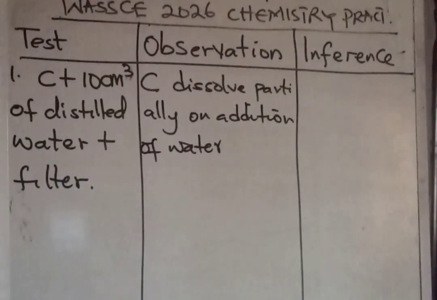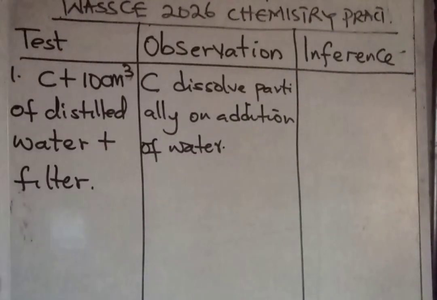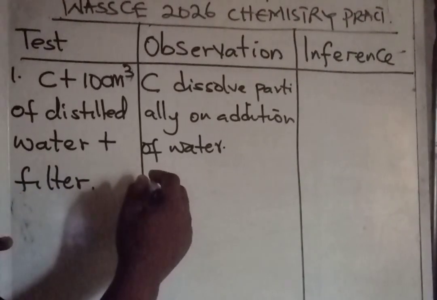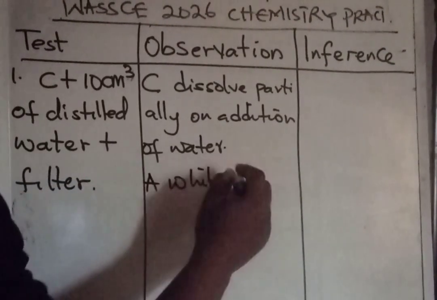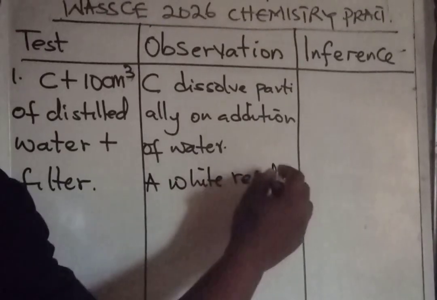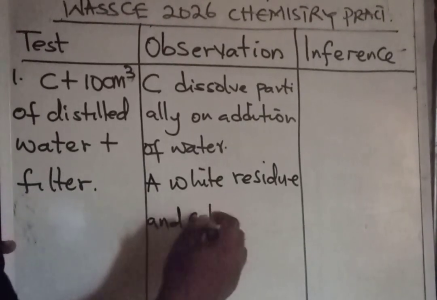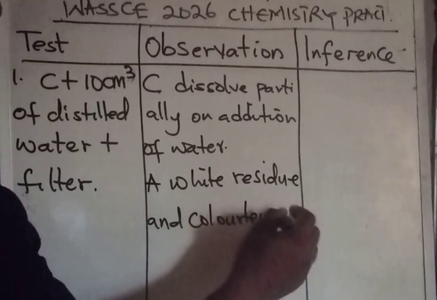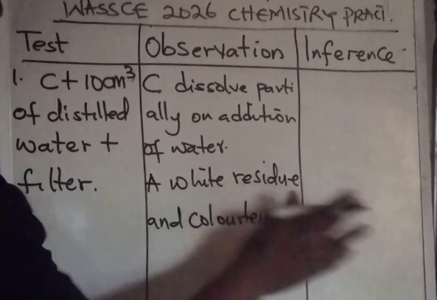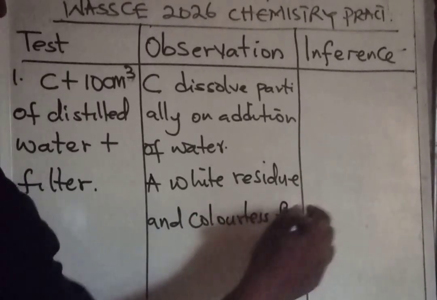Okay, so it dissolves partially on addition of what? Water. Then when you filter the solution, you're going to obtain a white residue and a colorless filtrate.